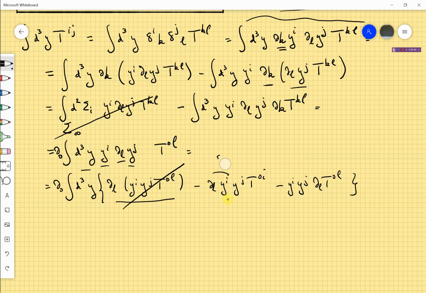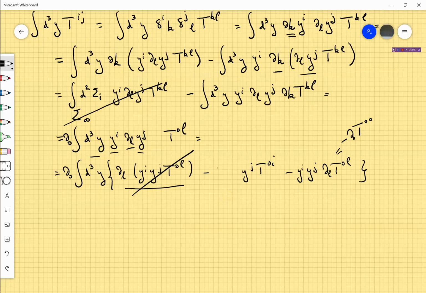So let me write it directly, and this last term, using the fact that this is symmetric and that it is conserved, is going to be minus d0 t00.